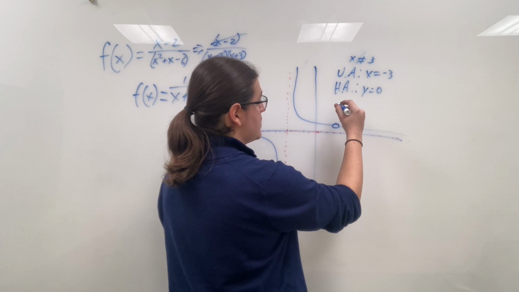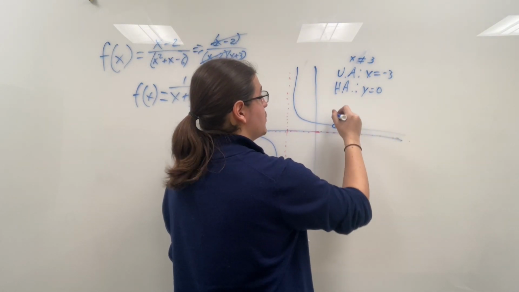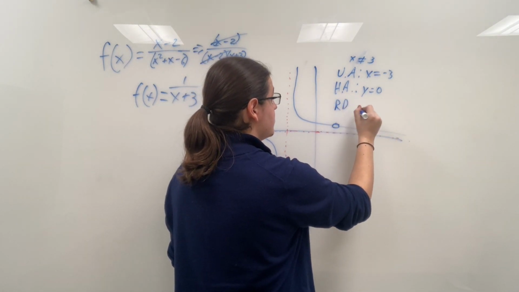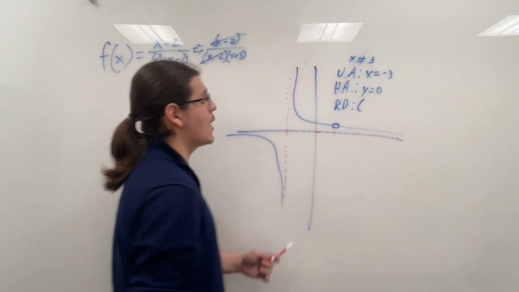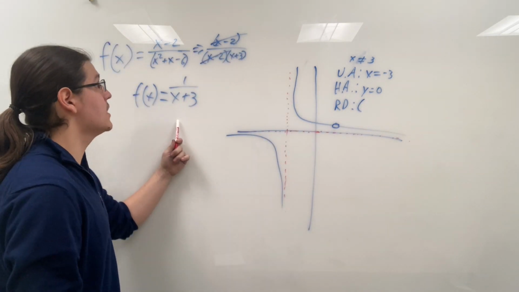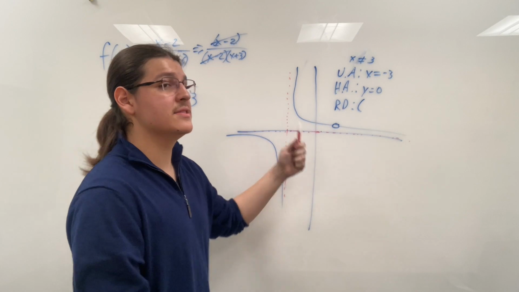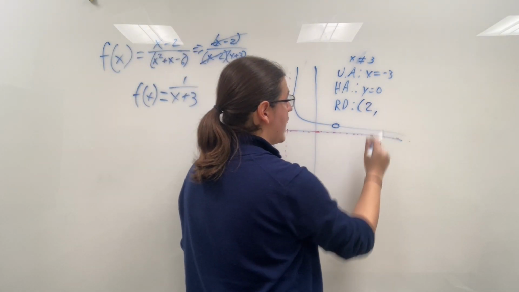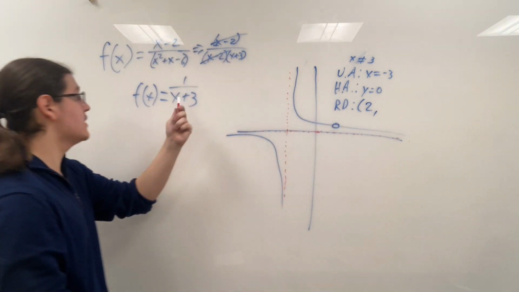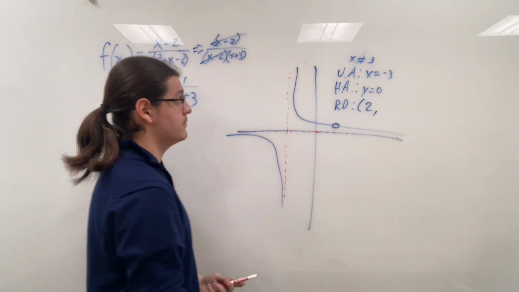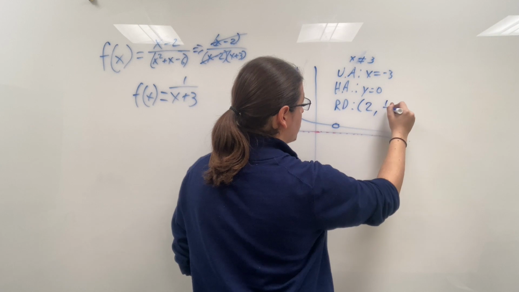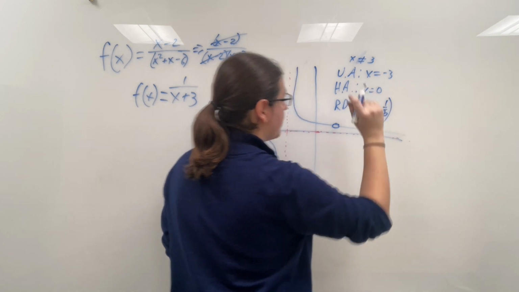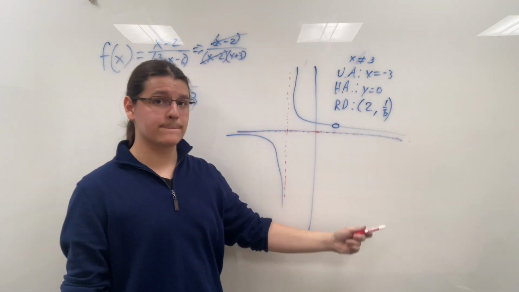So we can just say there is a removable discontinuity, RD, at, and we denote this using the coordinate. There is a hole at this point on the graph, which is just 2, and then the output for what we put in for our new function, which was 1/5. Pretty neat.